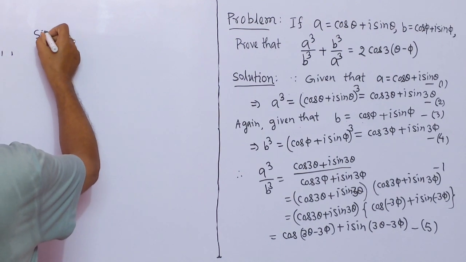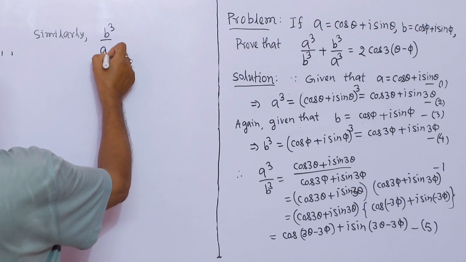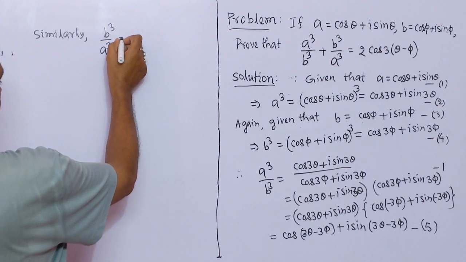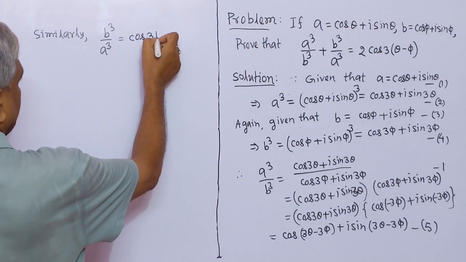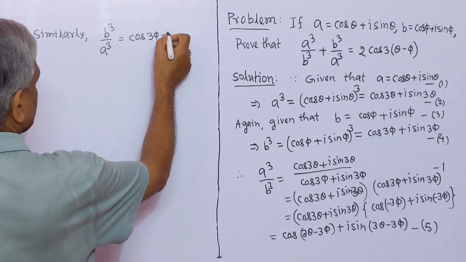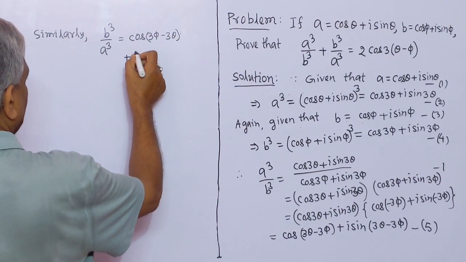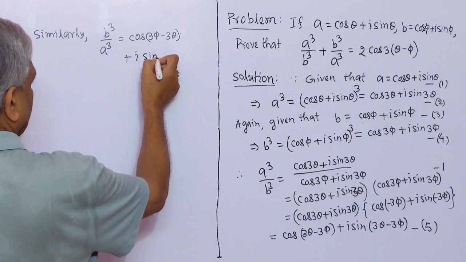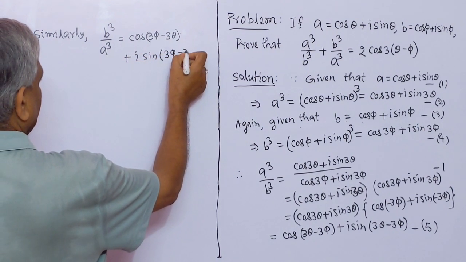Similarly, b cube by a cube equal to cos(3 phi minus 3 theta) plus i sin(3 phi minus 3 theta).